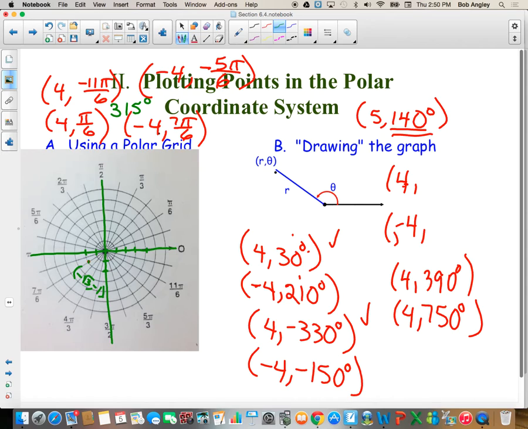So what it's telling me is, if I superimposed an x and a y axis over the polar grid, then these would be the coordinates I would get in x's and y's for that one that was 2, 7 pi over 6.